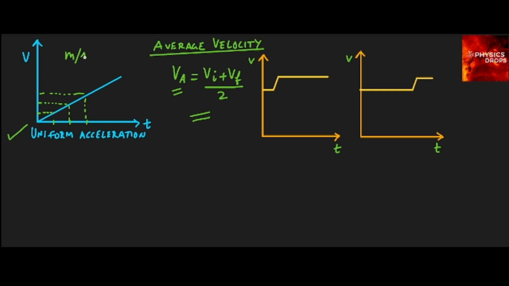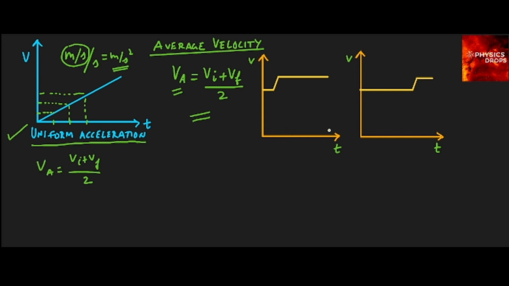Every second, the same meter per second is added, which means meter per second square is uniform. This is under uniform acceleration. In this scenario, I can say average velocity is initial plus final by 2, which makes absolute sense.